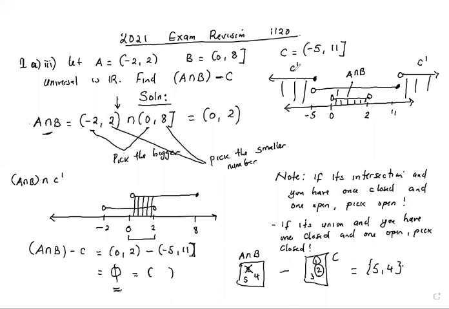Next question. We move to B. Let F be the quadratic. What do you do? 1, sketch it, indicating all intercepts and turning points. 2, what do you do?